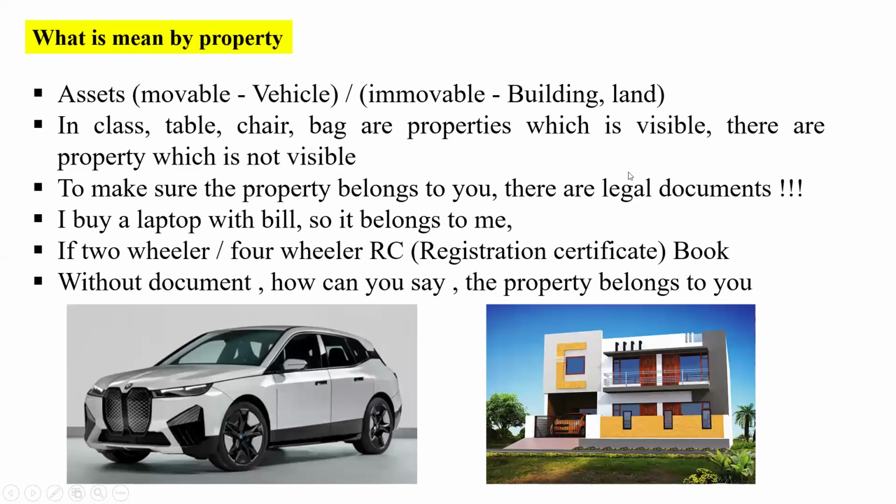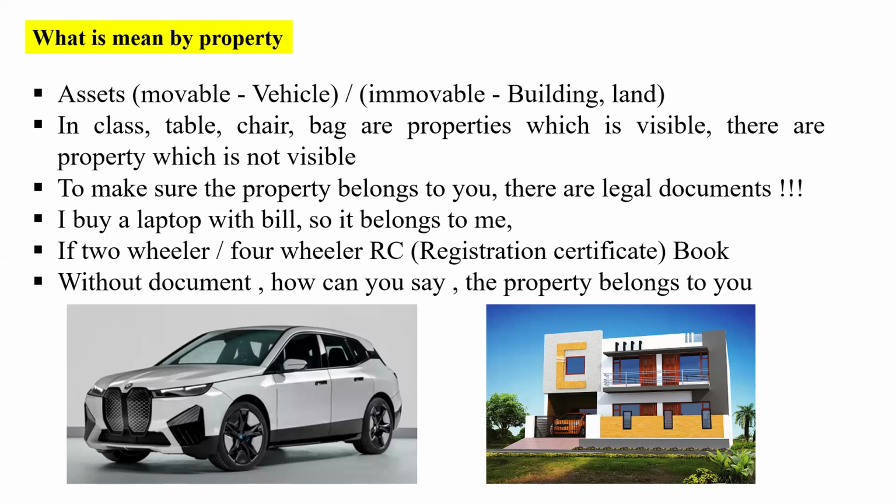Intellectual property rights is one important topic. What is meant by property? Everybody will have a two-wheeler or four-wheeler, right? When you purchase it, you get some kind of certificate showing that it belongs to you. When you purchase land, it's not a movable property, it's an immovable property.